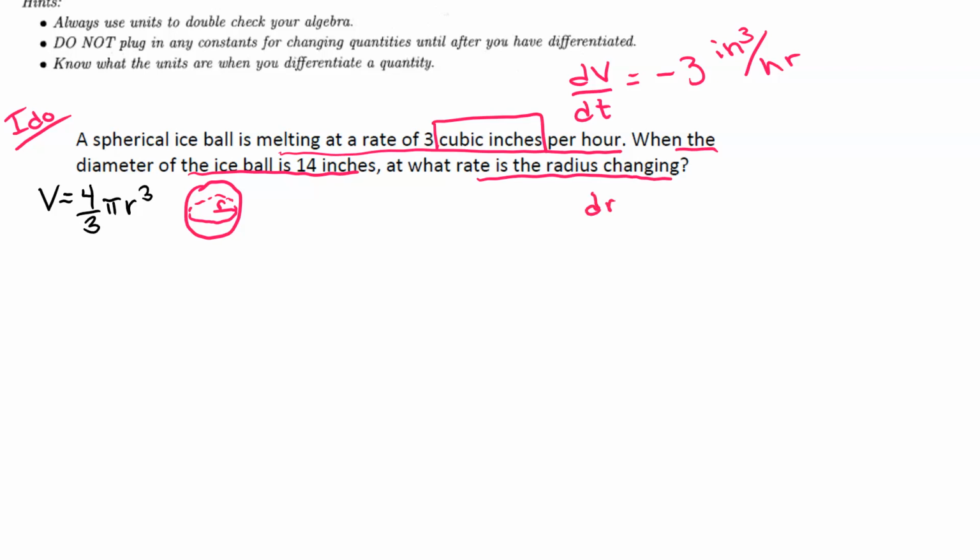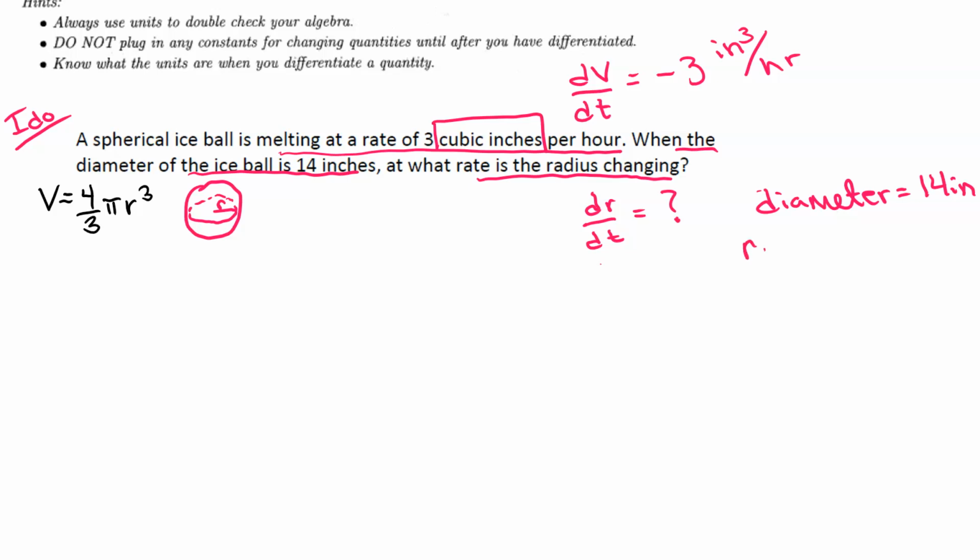So we're looking for the dr dt, the rate of change of our radius, and we're told that our diameter is 14 inches at the time we're looking for the rate of change in the radius. So first we have to look at our equation and say, well, our equation has volume and radius in it, and our information that we're given talks about the change in volume and the diameter. So we need to get from diameter to radius.